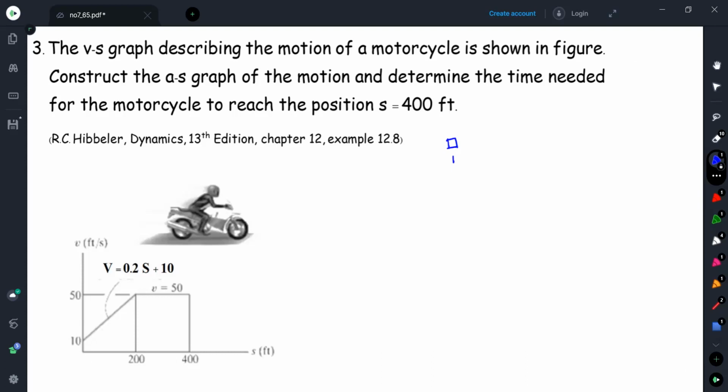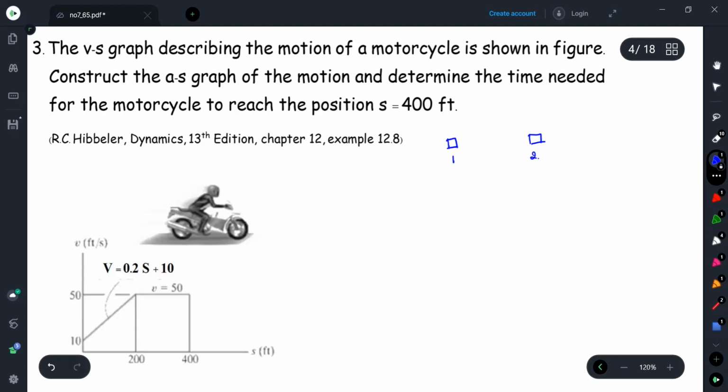After that we have the second station, and we may have the velocity camera here again. For each station, we have the equivalent distance, maybe S1 and S2.